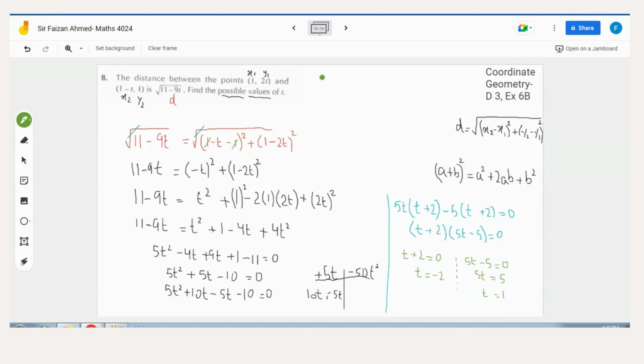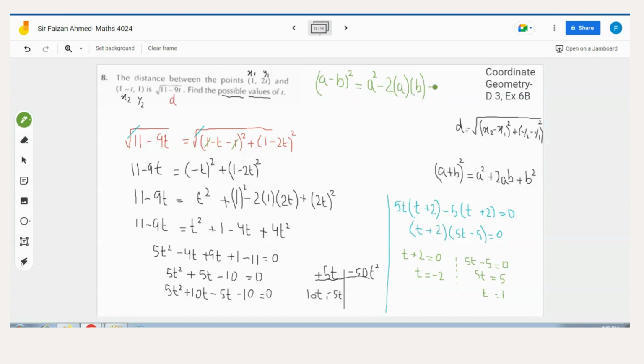What is that identity? (a minus b) whole square equals the square of the first term, a square, minus, then 2 and a bracket with the first term and a bracket with the second term, this is the middle term of the identity.